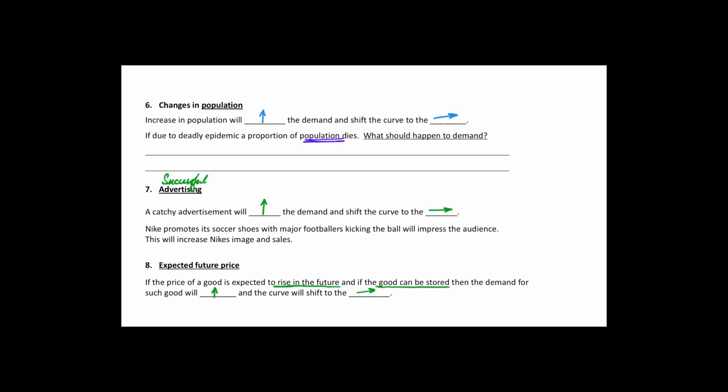For example, if I hear that in future the cars are going to become expensive after a month or two, what would I do? I would personally prefer to buy the cars right now. Okay. So it increases the demand for the good.